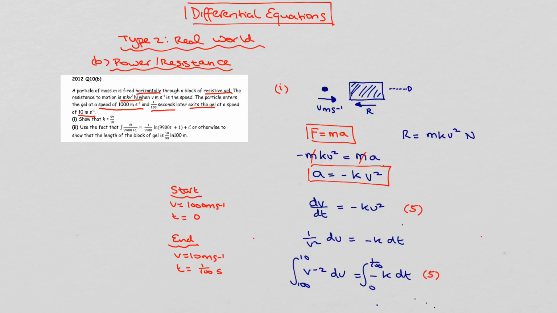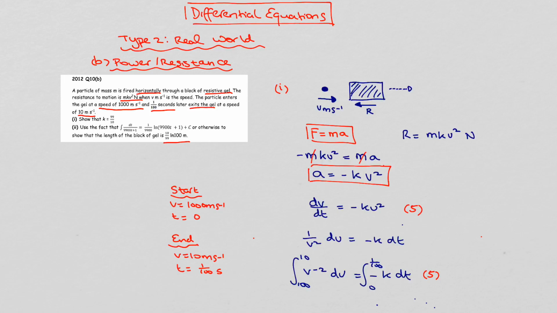So for part 2 then, we had to use the fact that the integral of dt over 9900t plus 1 is equal to 1 over 9900 natural log of 9900t plus 1 plus c, or otherwise, to show the length of the block is equal to 10 over 99 natural log of 100.